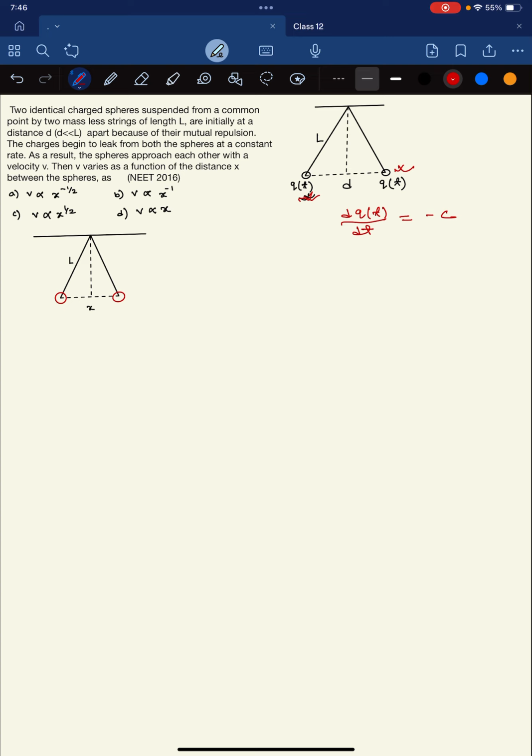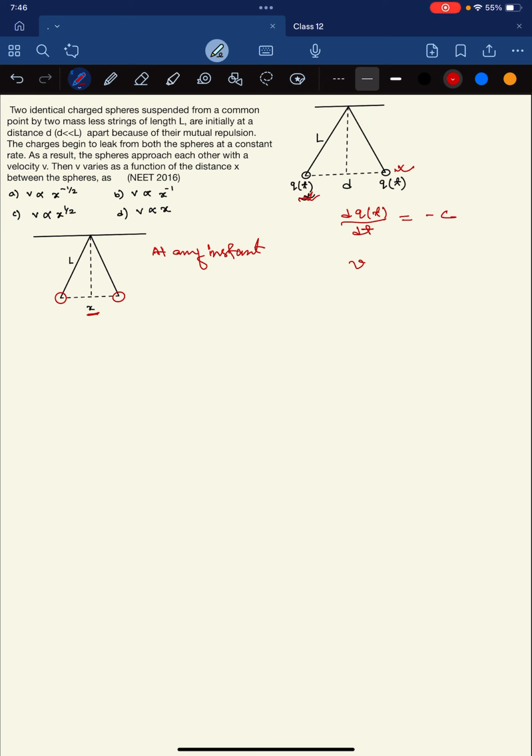Let's say they are approaching each other with a velocity v, and at any instant they will be at a distance x. Obviously x is less than d because they are approaching each other now.